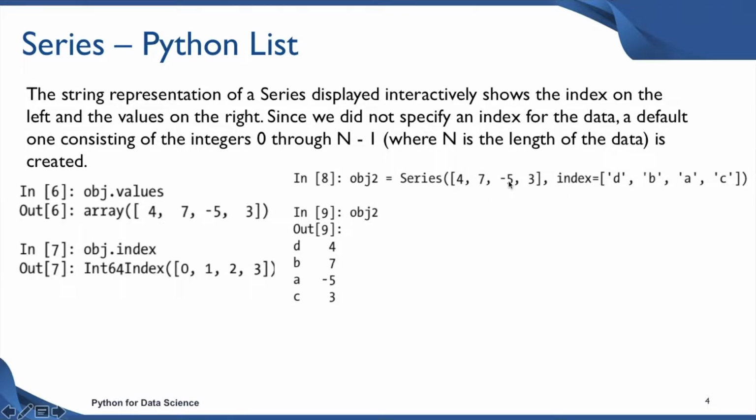This is the list we are trying to convert into a series object, and we are also specifying the index. If we don't specify the index, then by default the index will range from 0 to length minus 1, and if we specify it, then the index is converted into your user defined index, right? So here you can see that the index is the user defined index which you have given, right?